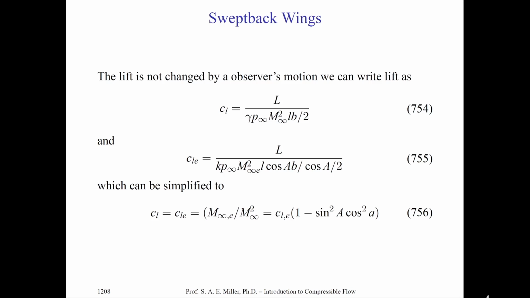Now you'll see that indeed the lift is not changed by an observer's motion. It's going to be what it is because, of course, it's from the wing. And we can write the lift in two particular ways from the figure, where L, of course, is the lift force, and it's non-dimensionalized by gamma p infinity M infinity squared times L times b over 2. So the denominator is for the normalization.